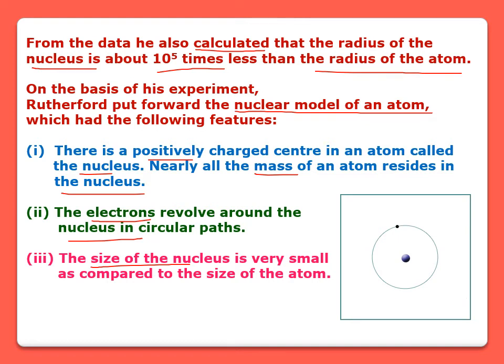At first he did his experiment, then he made 3 observations. On those 3 observations he made 3 conclusions, and then he put forward his nuclear model of an atom. These 3 features are of the nuclear model of an atom by Rutherford.